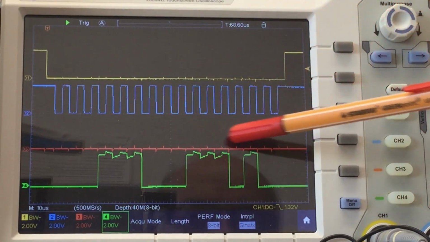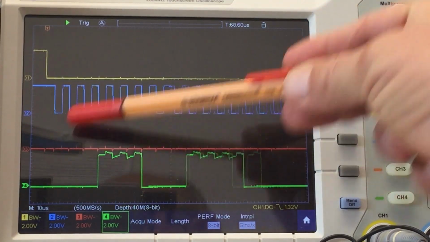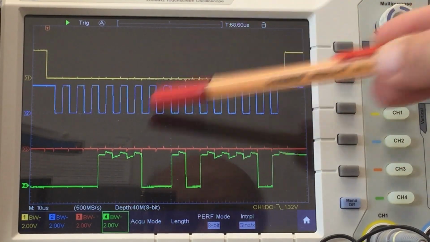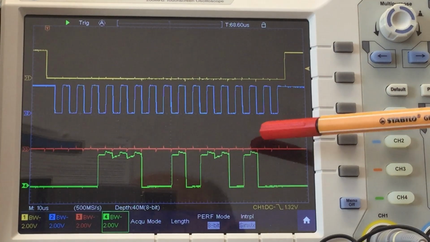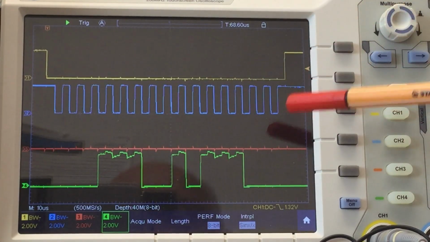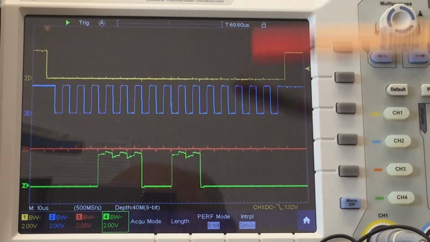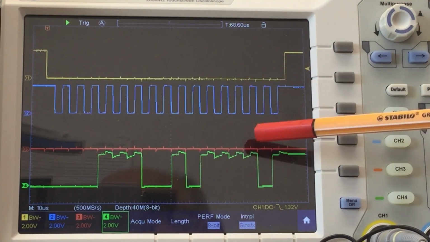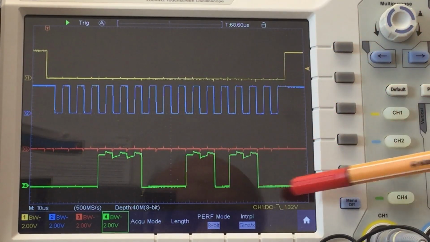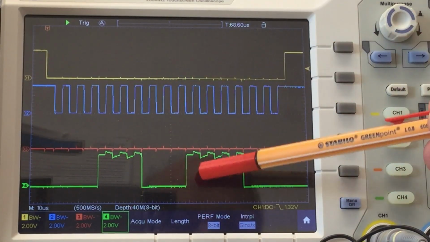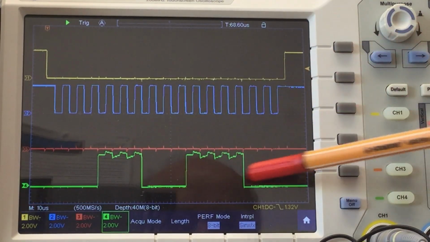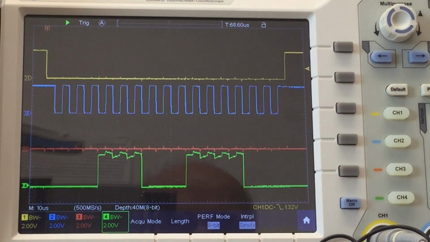The reddish trace here is actually my master out slave in line, which is completely zero, but that's actually a command. All 16 bits zero is the command to read out the angle from the sensor. And green, of course, is the trace of my slave out master in, where the angle is transmitted back.